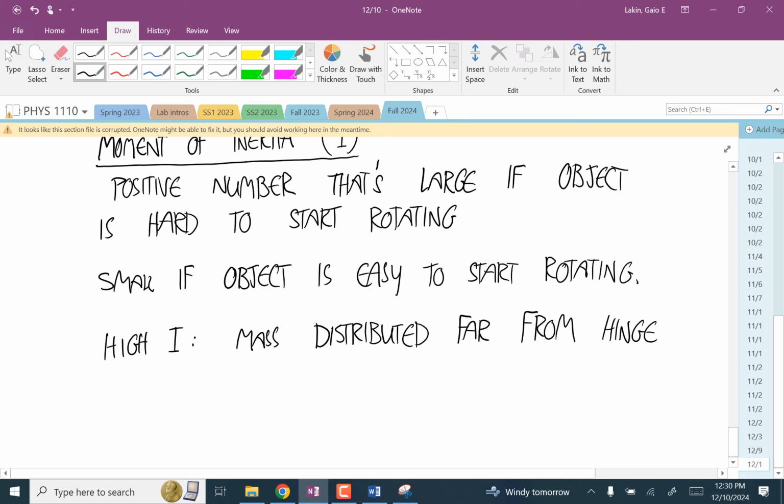Something where its mass is spread out far from the hinge has a high moment of inertia. And a low moment of inertia is something where the mass is distributed close to the hinge.